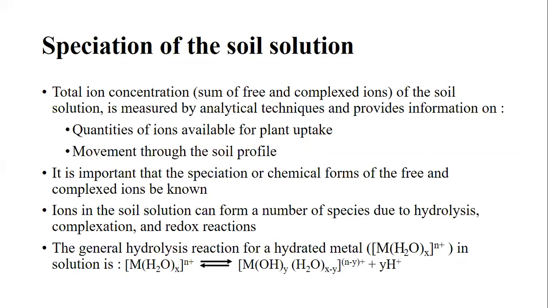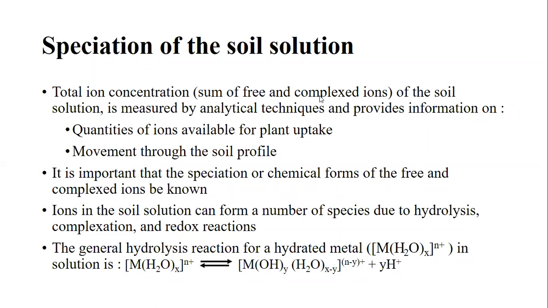So that's speciation. Total ion concentration is the sum of the free and complex ions. When you measure any ion, calcium, potassium, nitrate, sulfate, in the laboratory, that value you obtain does not differentiate between the free ion, say calcium, and all the calcium that's involved with ion pairs, with complexes.